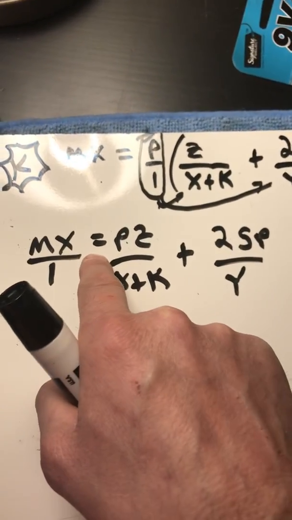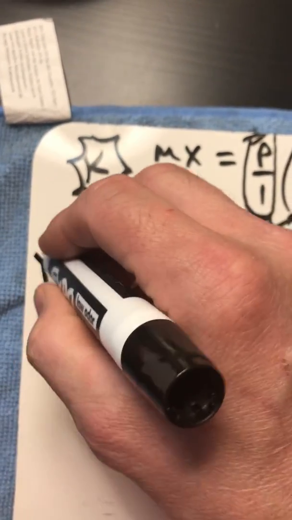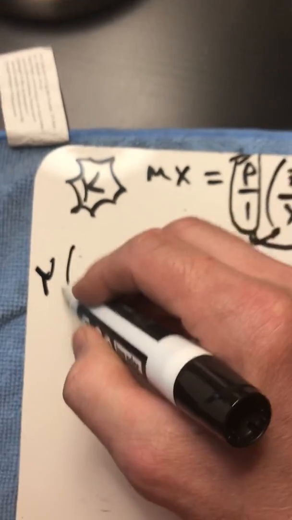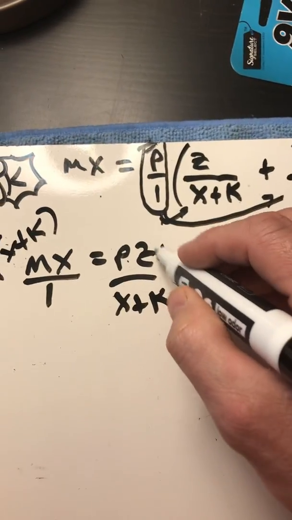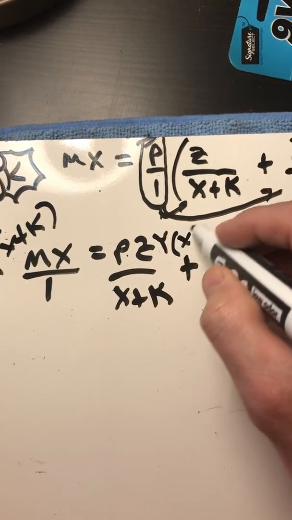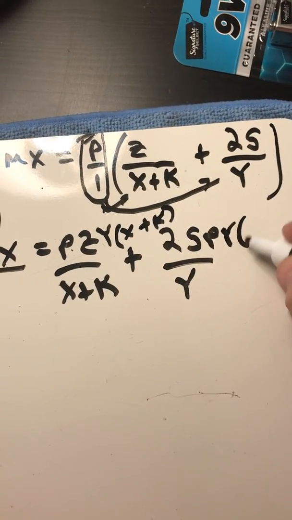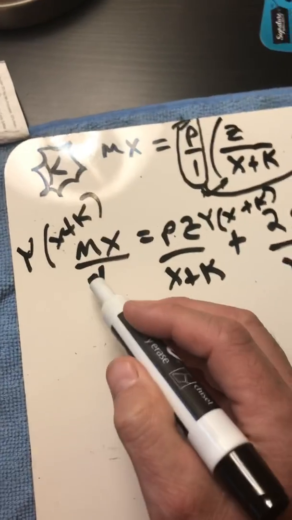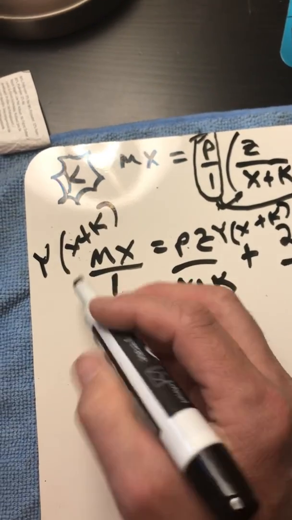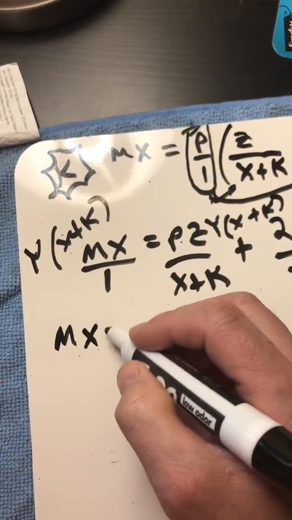There is an equal sign, so you can use the Trayvon-Diggs. You're going to multiply this by y times x plus k. This one times y times x plus k, just in the top. This one times y times x plus k. Here, nothing cancels, but mx and y are outside of the parentheses.